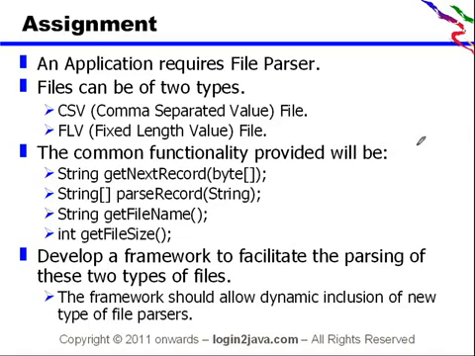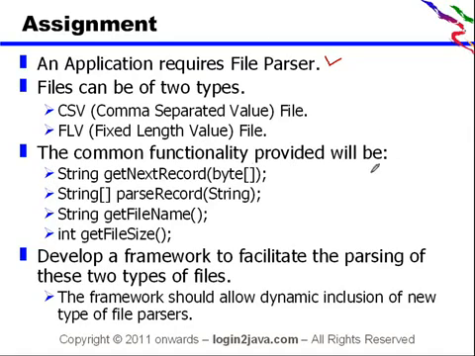So here is an assignment for you. Let's understand the assignment first, and then you can practice it at home for using the factory method. An application requires a file parser. Files can be of two types, either CSV, that is comma separated value file, or fixed length value file.